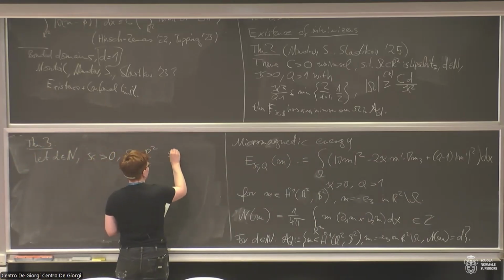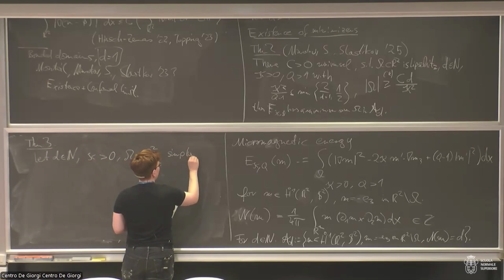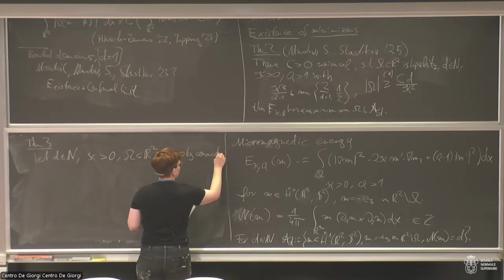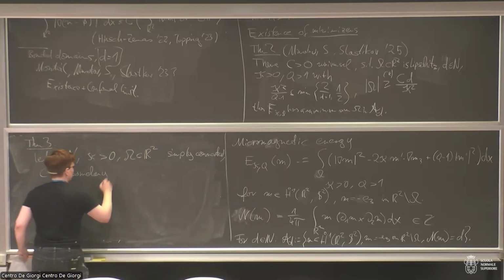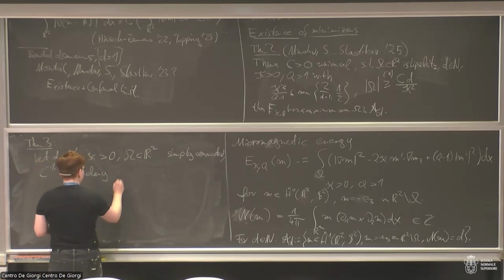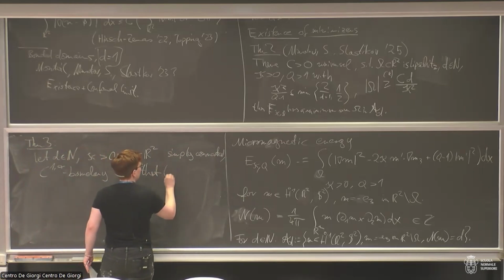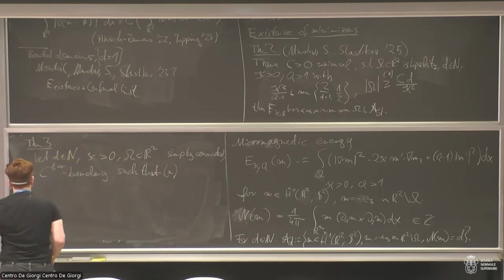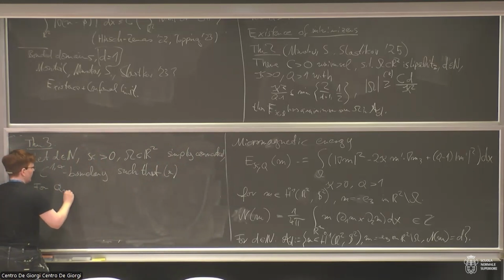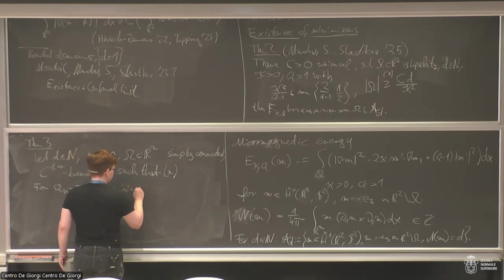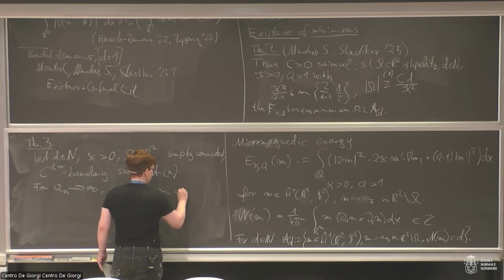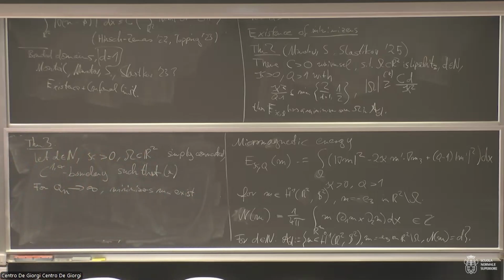For technical reasons, we need omega simply connected, with a C1 alpha boundary, such that at least the second condition holds, and then for Qn, a sequence going to infinity, minimizers Mn exist at least for n sufficiently large, and along subsequences, which I'm not going to write down.